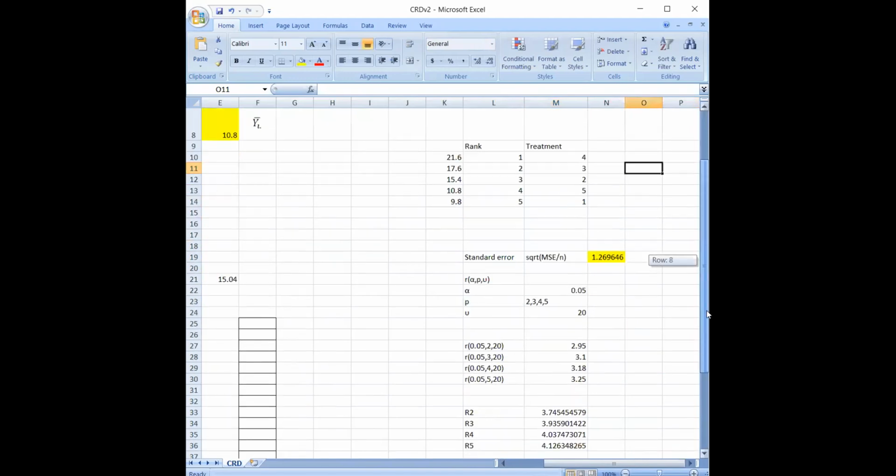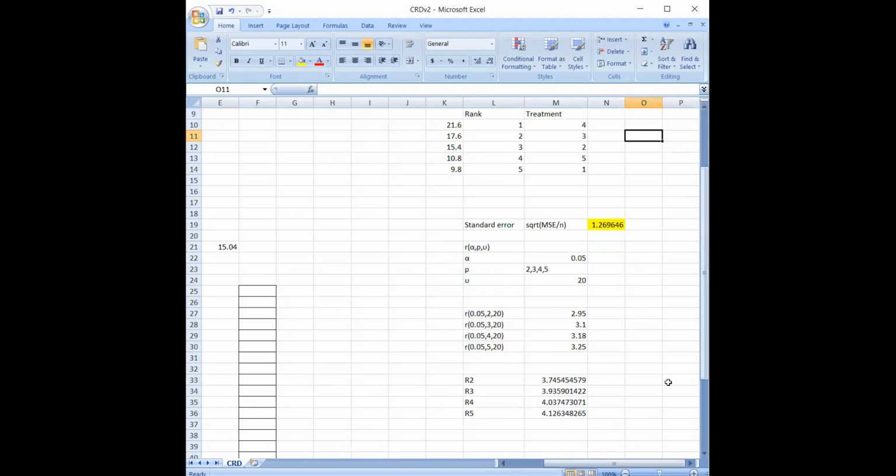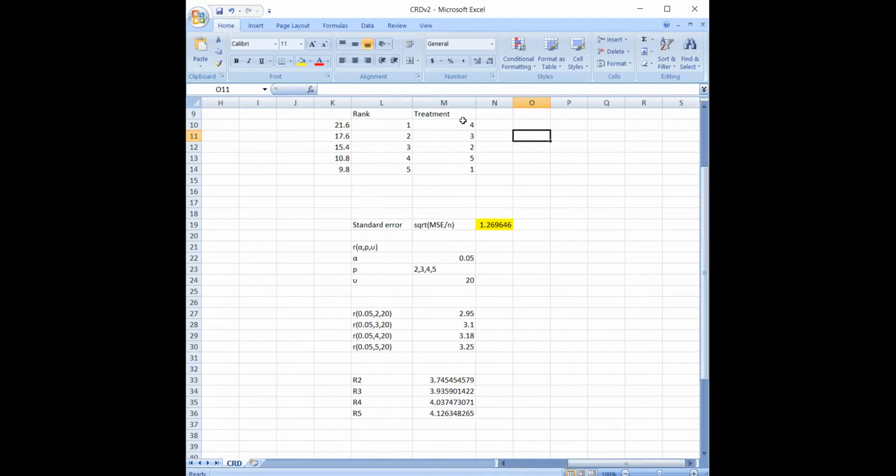Now you can see when we rank these values from the largest to smallest, the largest rank is for the fourth treatment. So we always start comparing the means from the largest. What you have to do is take the largest mean value and compare it with all the possible means which are less than that mean value.